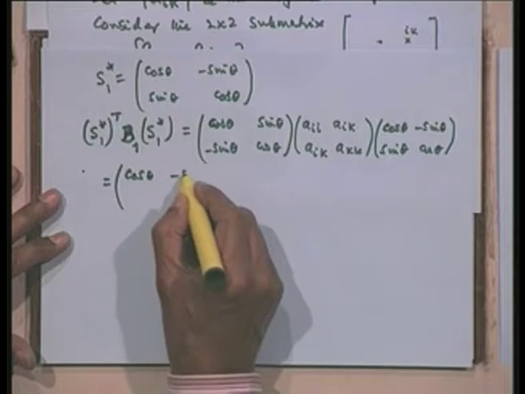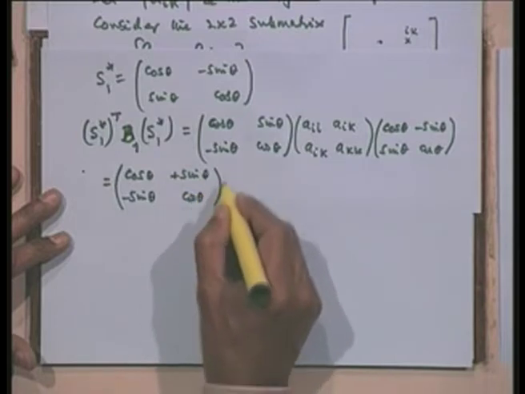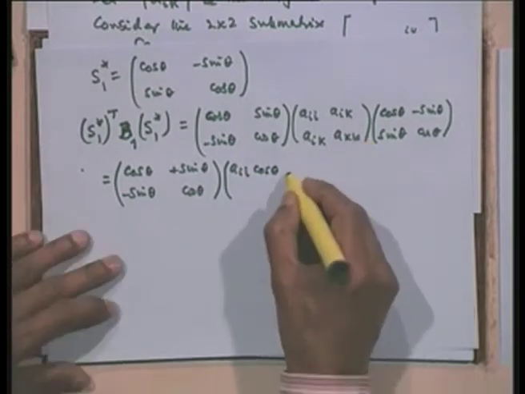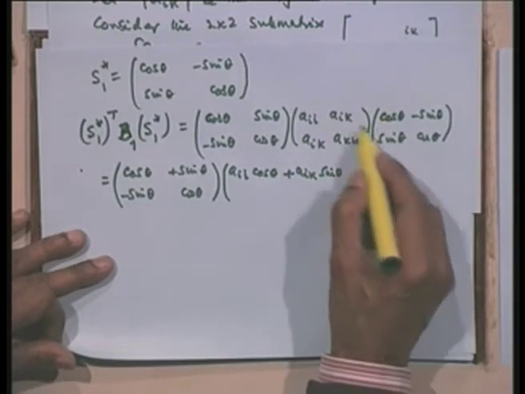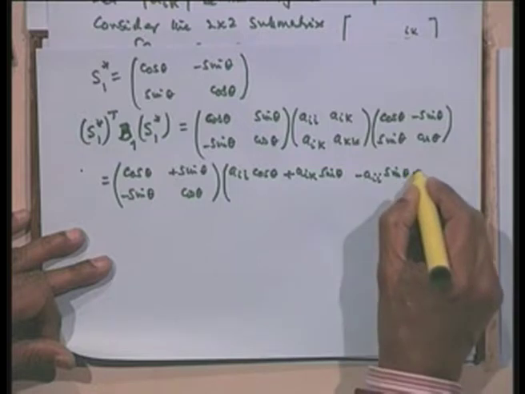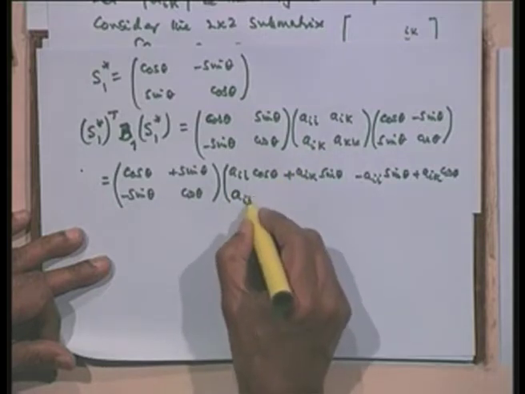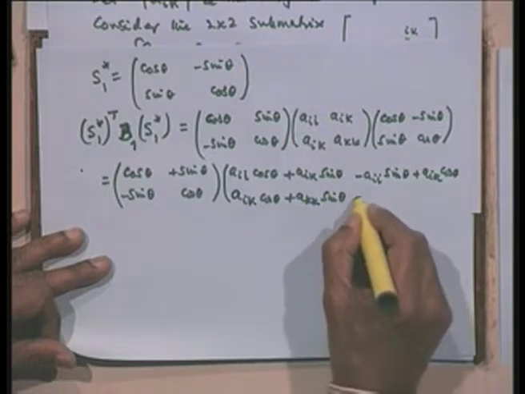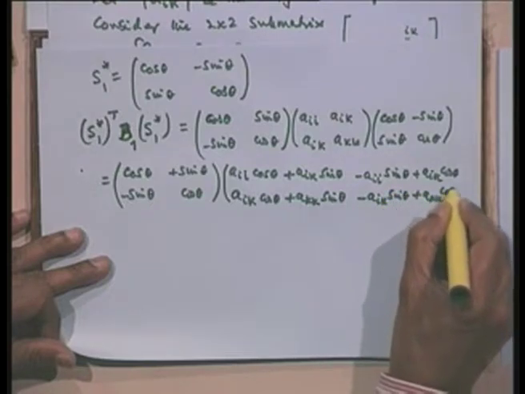This element is Aii cos theta plus Aik sin theta, and this element is minus Aii sin theta plus Aik cos theta, and correspondingly this is Aik cos theta plus Akk sin theta, and this is minus Aik sin theta plus Akk cos theta.